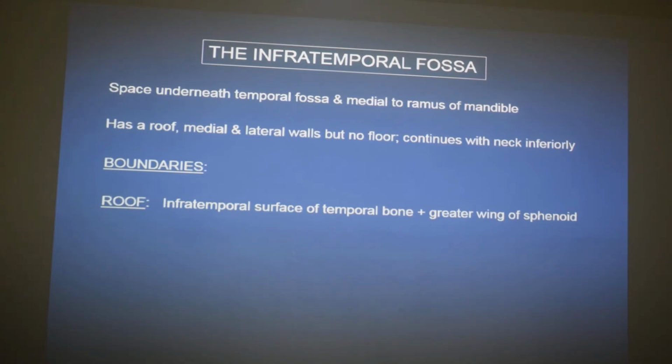So these are the 3 major things which are present in the roof. One is the foramen ovale, the other is the foramen spinosum, and the third one is the petrotympanic fissure. For ovale, at least remember the mandibular nerve; for spinosum, the middle meningeal artery; and then the petrotympanic fissure.